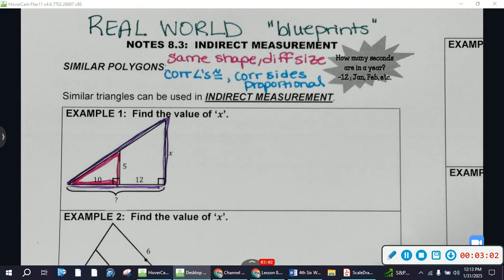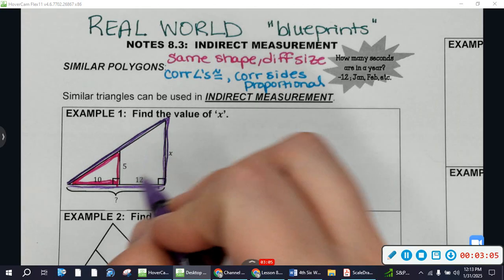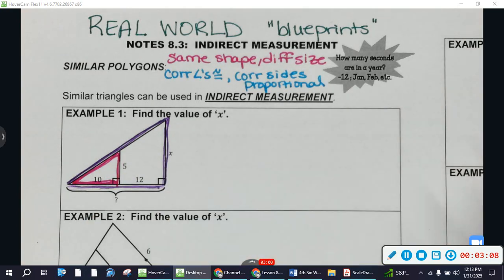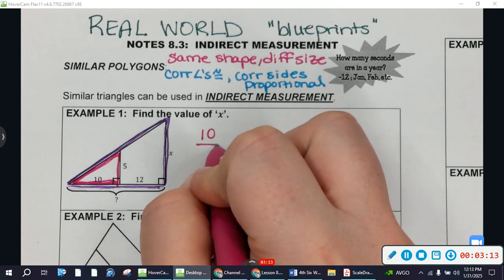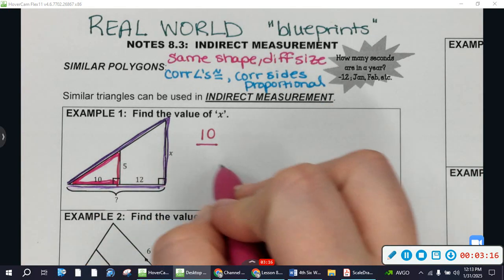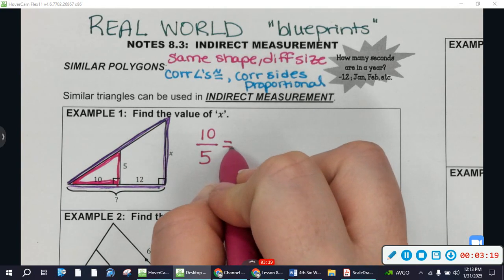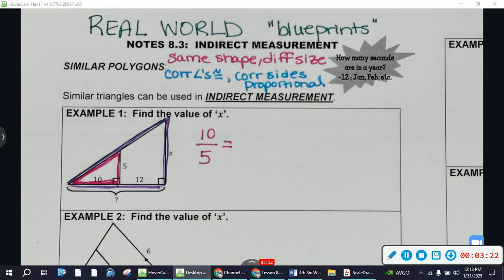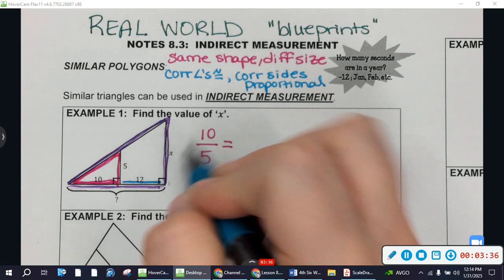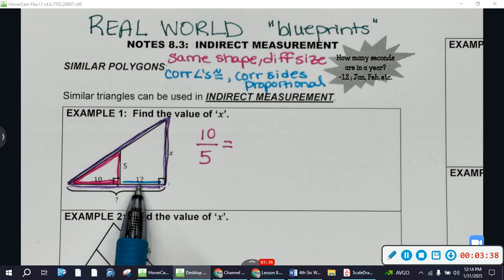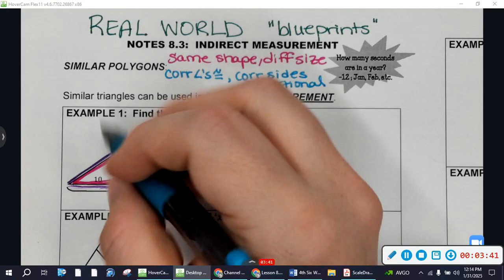So if I am going to compare my little triangle to my big triangle, I could say little triangle base is to little triangle height, as big triangle base is to big triangle height. Now the most common mistake I see you guys make is you say then 12 is to x. We do not use 12, and here is why.